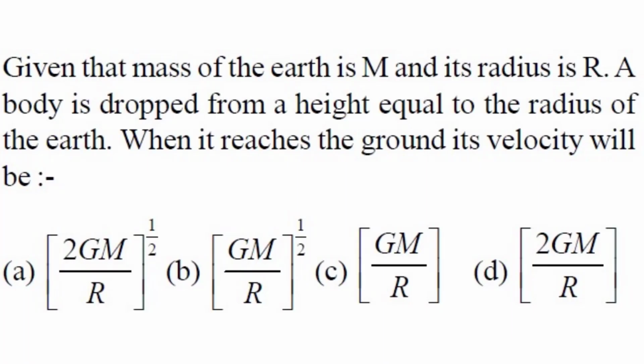Given that the mass of the earth is capital M and its radius is capital R, the body is dropped from a height equal to the radius of the earth. When it reaches the ground, its velocity will be.